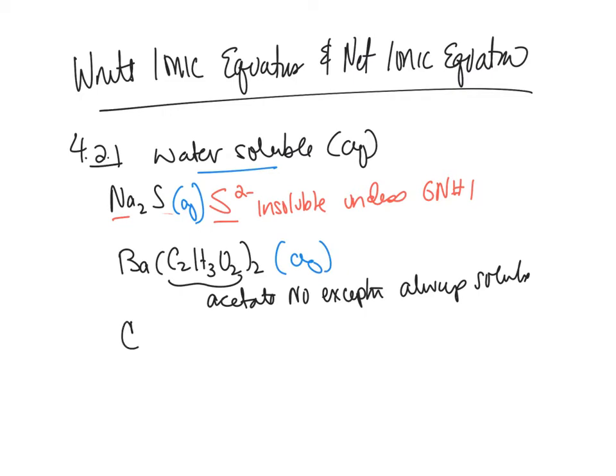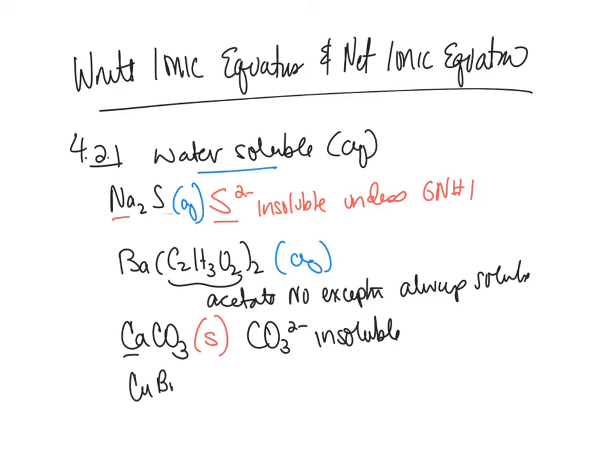Calcium carbonate. Well, carbonate is one of those that are typically insoluble unless it's with group 1 and or ammonium. So calcium, that's going to make this a solid. So that's going to precipitate out. Copper bromide. Well, bromide is typically soluble unless it's with the 3. Remember the 3? Unless it's with mercury, lead, or silver.